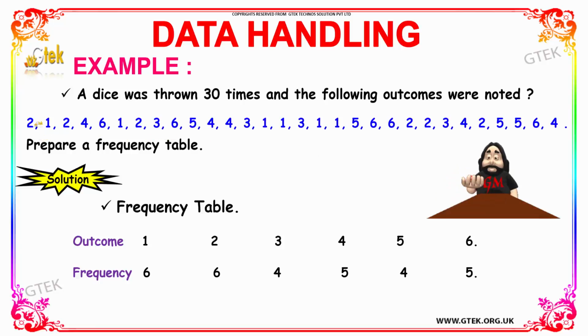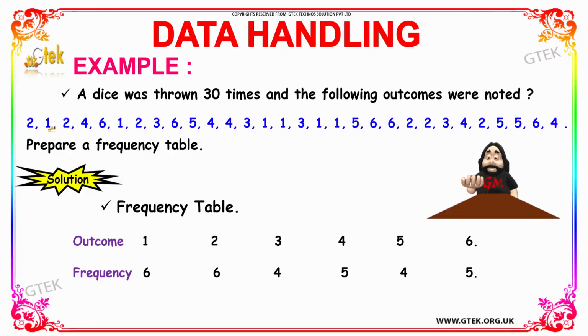And the outcome was 2 in 6 frequencies, that is 1, 2, 3, 4, 5 and 6. Your outcome was 3 in 4 frequencies, that is 1, 2, 3 and 4.